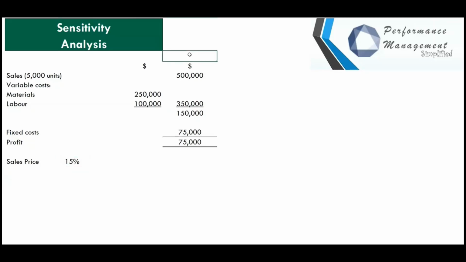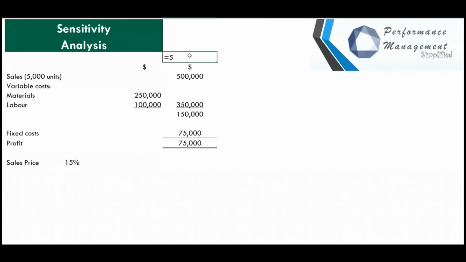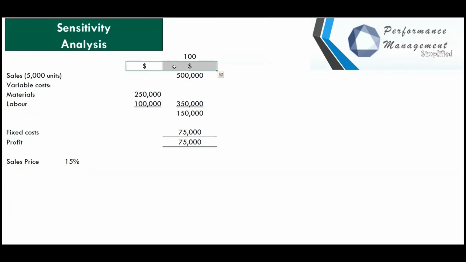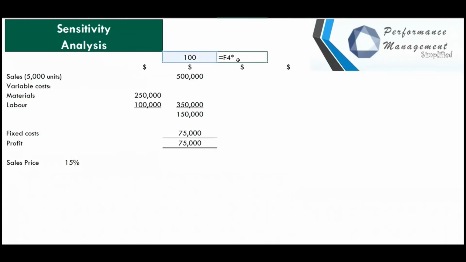We can quickly do a check. The current selling price is this 500,000, which is the sales value, divided by the quantity of 5,000, which happens to be 100. So if I try to recreate this right here, a drop of 15% would drop my price from 100 to 85% of 100, which is 85.